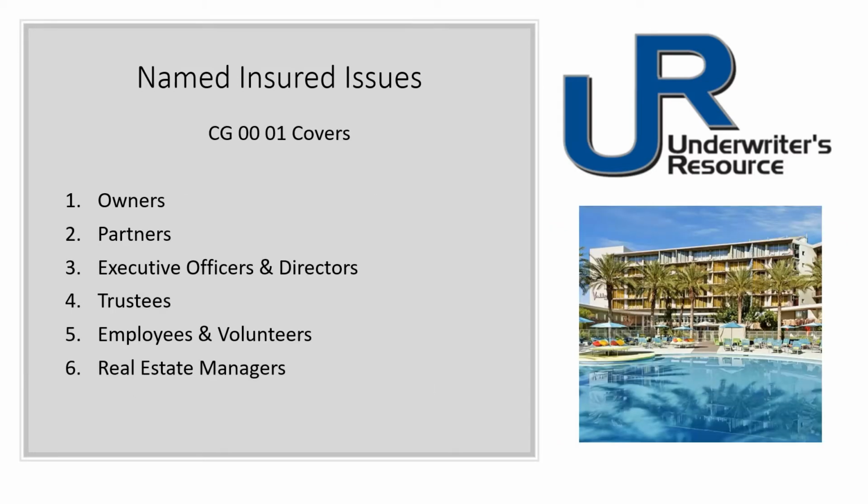The CG0001 has a fairly broad named insured array, and it covers people like owners, partners, executive officers and directors, trustees, employees and volunteers, and even real estate managers. But what you don't see on that list would be unit owners of those condominiums.